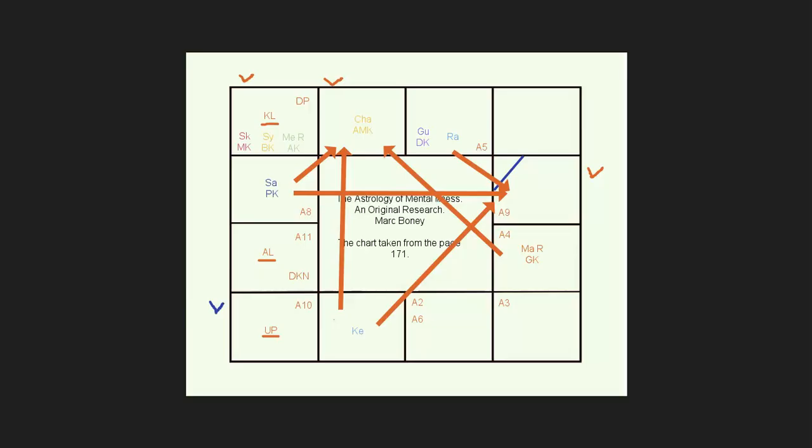So let's have a look at the second house. Sorry, just give me a second. The second house from Upapada Lagna falls obviously in the sign of Makara, or Capricorn. So let's have a look at what is happening to the second house from Upapada Lagna. We've got the aspect of Mangala, natural malefic, retrograde, which is also Gnati Karaka as per Jaimini astrology.